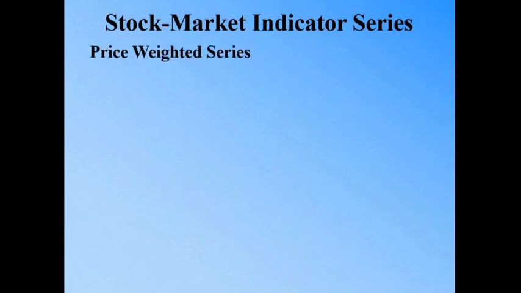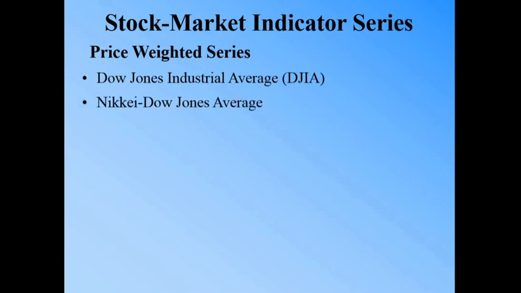Now here comes the price weighted index. The most common one and probably the oldest one is the New York Stock Exchange index, that is the Dow Jones Industrial Average. It is a price weighted index. And the next one is the Nikkei Dow Jones Average, that is the Japan market index.